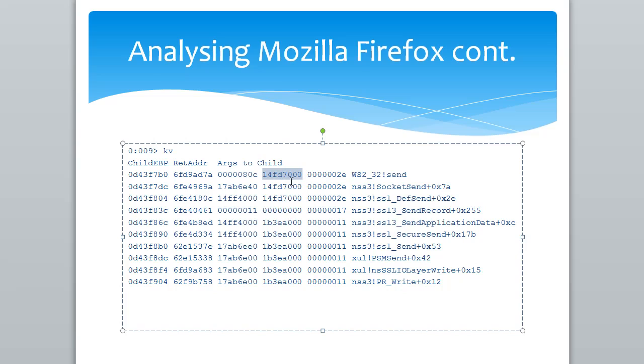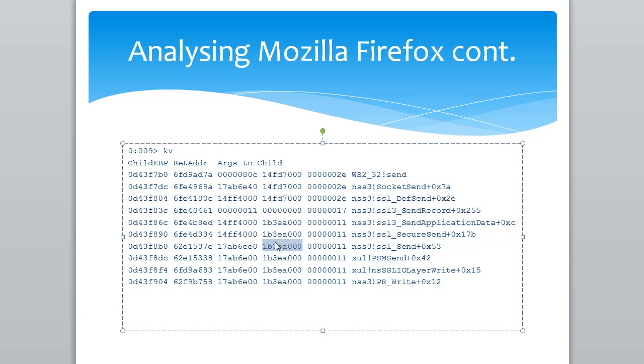So in the Windows socket send function, this buffer contains encrypted data, while if we retrace the stack into previous stack frames, we can take a look at this. This is also a buffer.